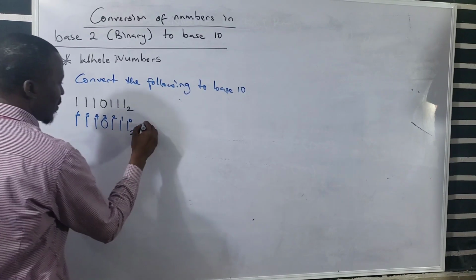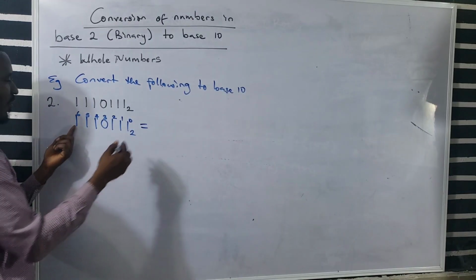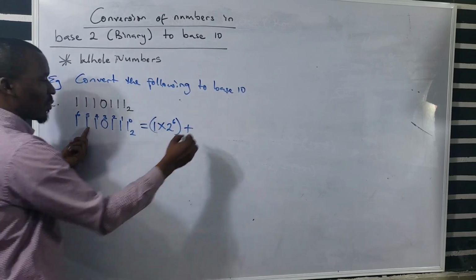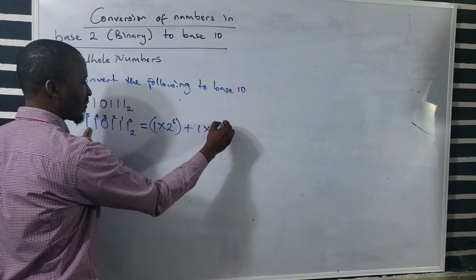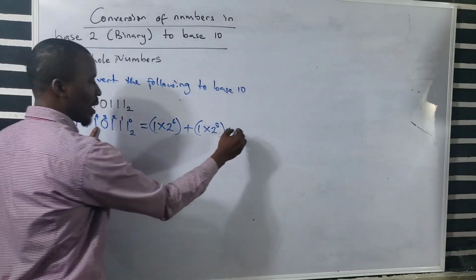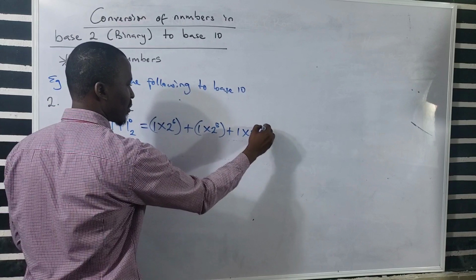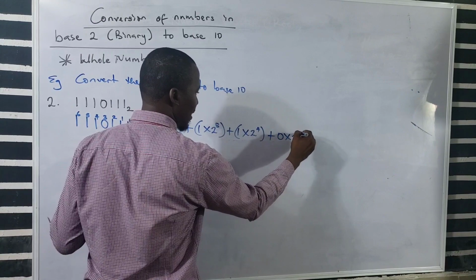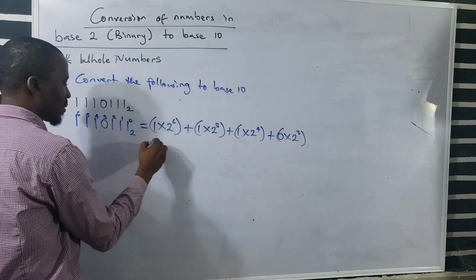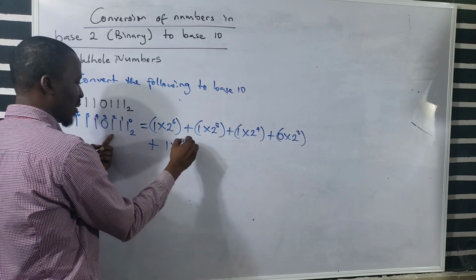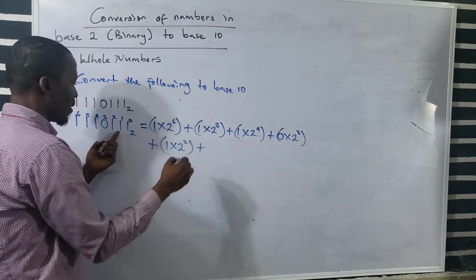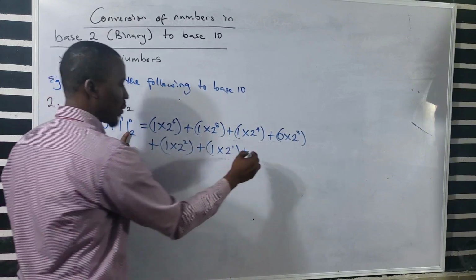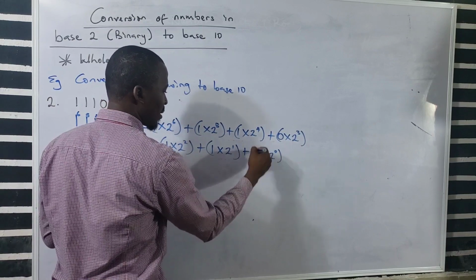Expanding this the way we did in example 1, that will give us 1 times 2 raised to power 6, plus 1 times 2 raised to power 5, plus 1 times 2 raised to power 4, plus 0 times 2 raised to power 3, plus 1 times 2 raised to power 2, plus 1 times 2 raised to power 1, plus 1 times 2 raised to power 0.